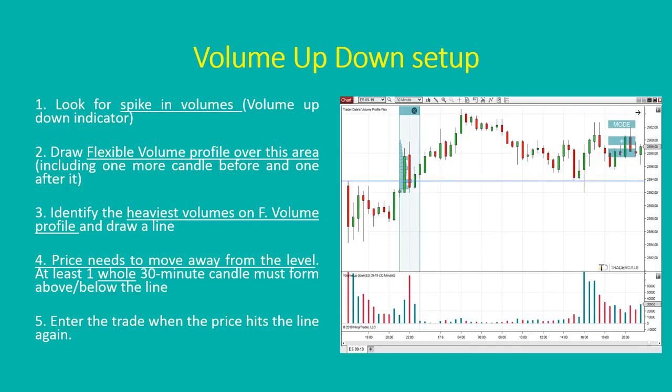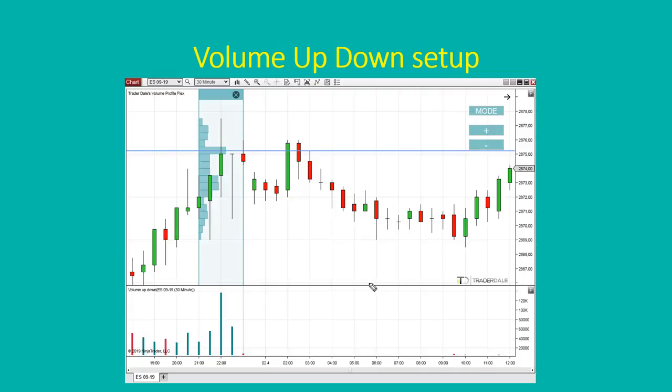Let me show you one more example. So in here, you see unusually big volumes, a volume spike, those 3 big candles. So you draw the flexible profile over this area, including those 2 candles around, those 2 small candles.